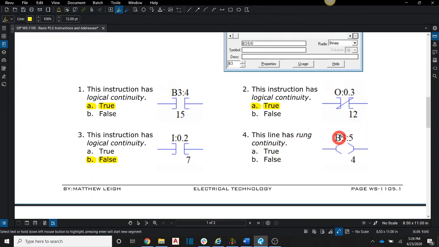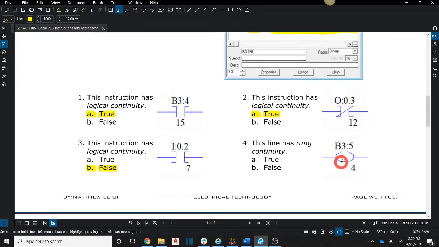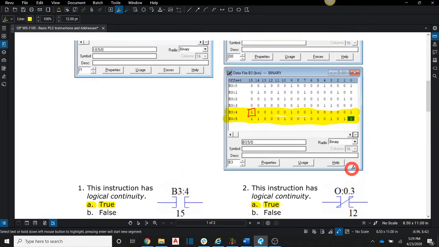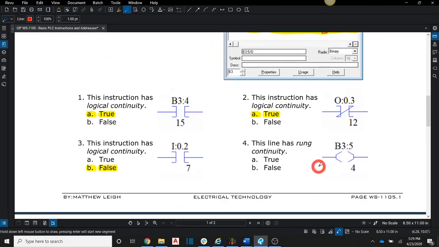So we're going to go back to our B3 table, and in this case it's B35. So that would be right here. That would be this entire word, okay? And then down at the bit level, we want to look at bit 4. So we're going to come to this column here, and this is bit 4, which currently has a 0 written into it. So if it has a 0 written into it, that means whatever is coming in on this rung is going to be false.